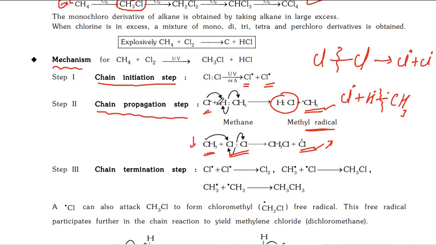In each step, one radical is consumed and one is produced. That means chain propagation; propagation means continuing the process. The third step is chain termination. Whenever two free radicals combine, they give a neutral molecule, that means chain termination. See here, like this. You can observe one more thing here: ethane is also forming, besides chloro, dichloro, trichloro and tetrachloro compounds.